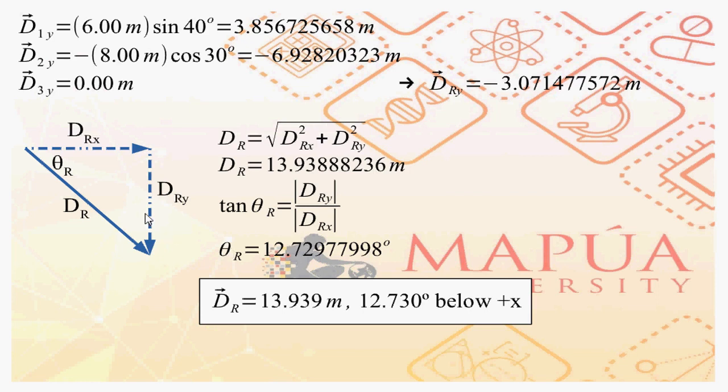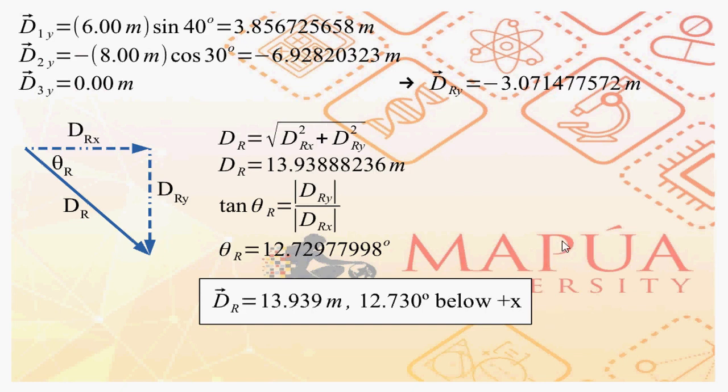If we look back to our drawing of our Dr, Drx, and Dry, you have angle theta r below positive x-axis, x-line. That will give you the direction for Dr. Dr, therefore, is 13.939 meters, 12.730 degrees below positive x.